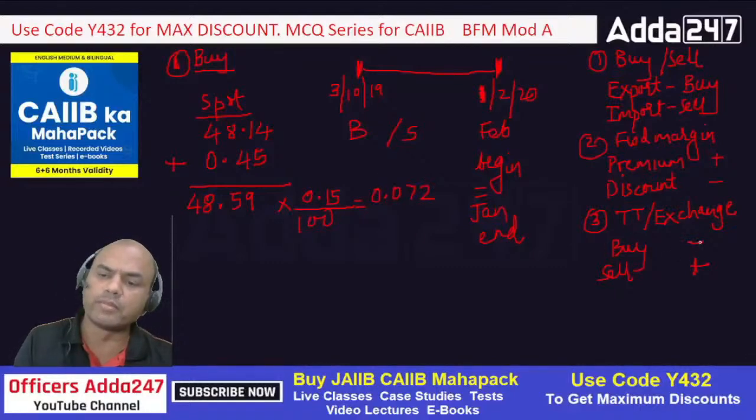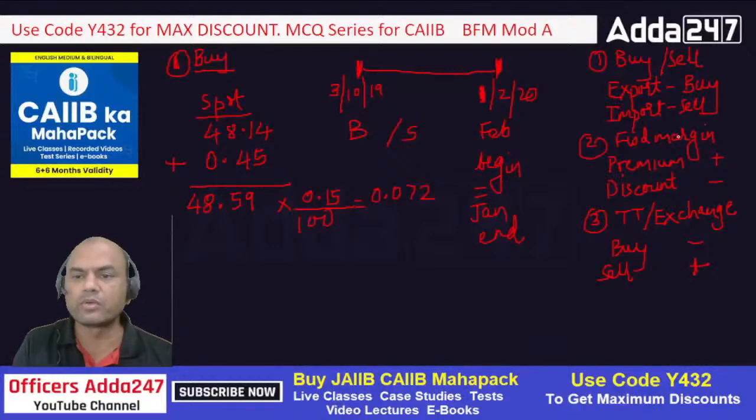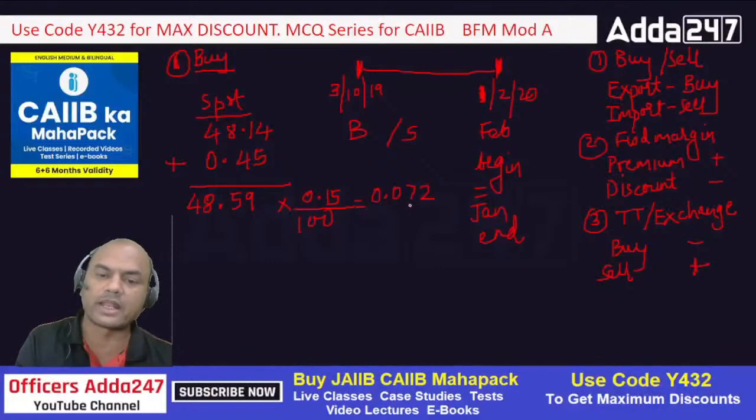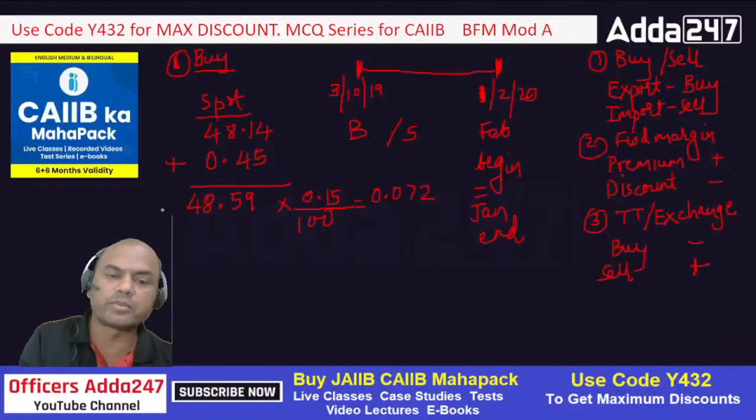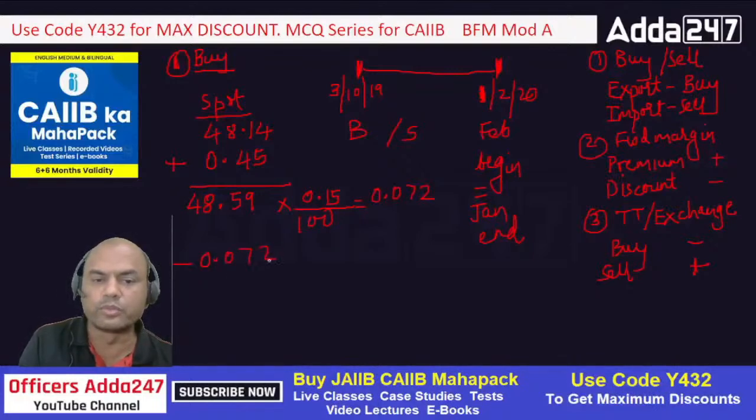What will I do, minus or plus? Exchange margin now. What am I doing over here? Export means buying. Buying means what? Minus. So I'll do subtraction. So this 48.59 minus 0.072. What is my rate I am getting now? Do the subtraction over here. 10 minus 2 is 8.